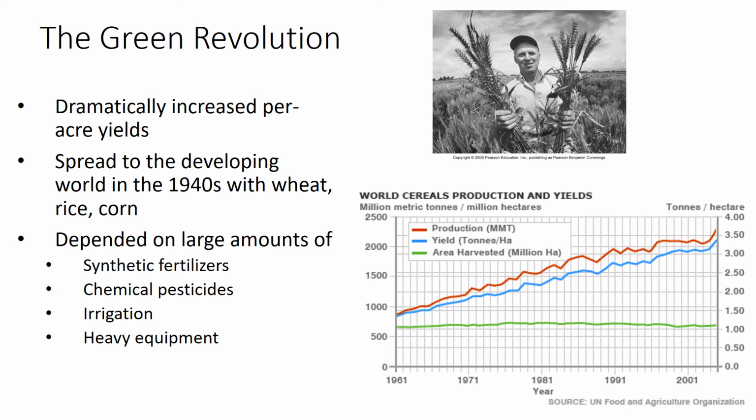Like I said, it started 1940s, 1950s, but mostly in our cash crops. So wheat, rice, corn, now soy, and it depends on a lot of synthetic fertilizers, chemical pesticides, very irrigation heavy, and also the use of very heavy equipment, like the mechanization of agriculture.